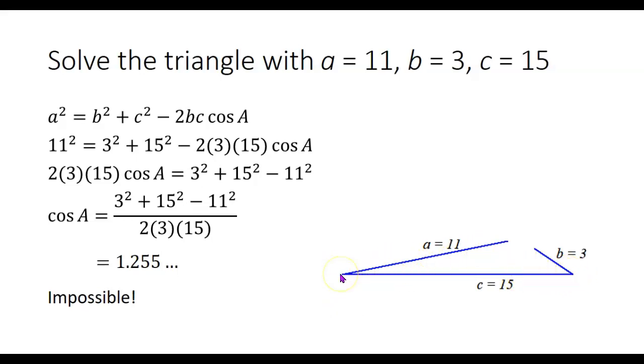We can't have a shorter distance by going alongside a and then alongside b than we do going directly alongside c. In fact, that's sometimes called the triangle inequality. In any triangle, the length of any two sides added together is always greater than or equal to the third side, or one side is always less than or equal to the other two added together. Here, that's not true, so this is not really a triangle.